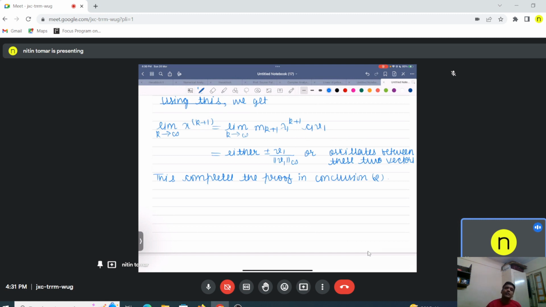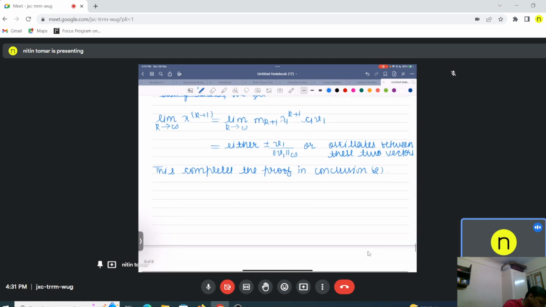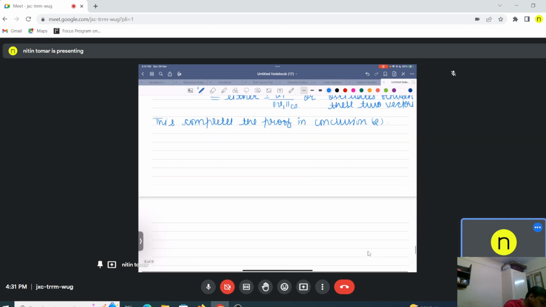In either case you get a scalar multiple of v1, and remember v1 was already an eigenvector corresponding to the dominant eigenvalue. So in either case you get an eigenvector corresponding to the dominant eigenvalue. This completes the proof of conclusion 2.